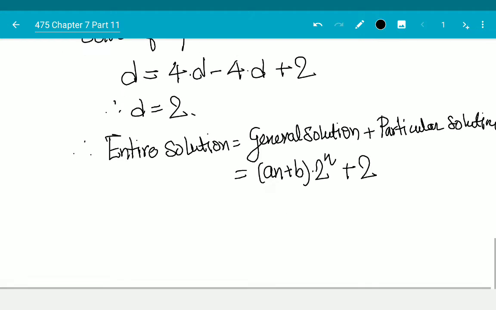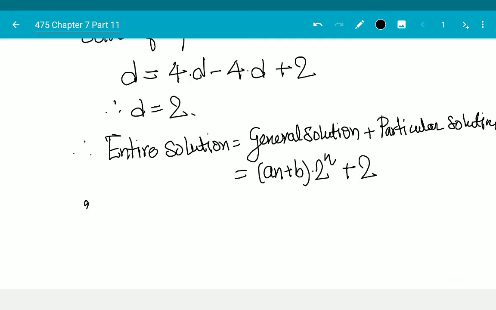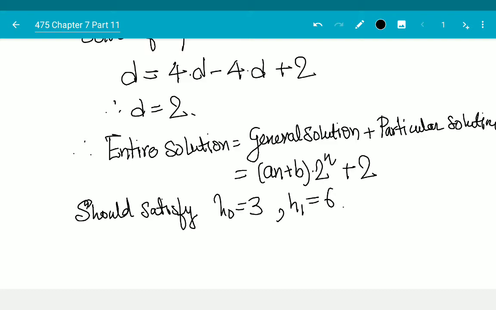Now I need it to satisfy the constraints. Should satisfy h of 0 is equal to 3, h of 1 is equal to 6. Therefore, if I put n is equal to 0, I get b times 1 plus 2. Therefore, h of 0 is equal to b times 1 plus 2 is equal to 3.